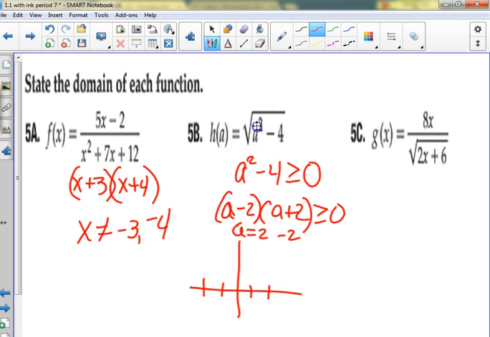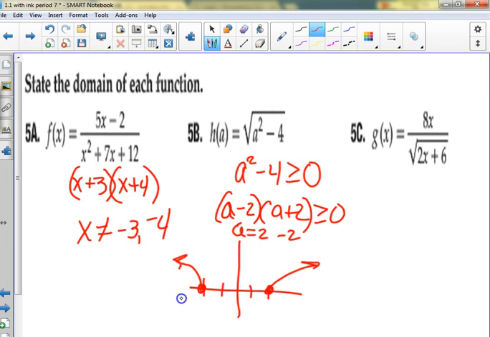What happens if I put a 1 in here, guys? 1 squared minus 4, is that going to be okay? No. What if I actually put a 2 in there? Would that work? What if I put a negative 2 in there? Yes. What if I put a 5 in there? Yes. I think the graph probably looks like this.